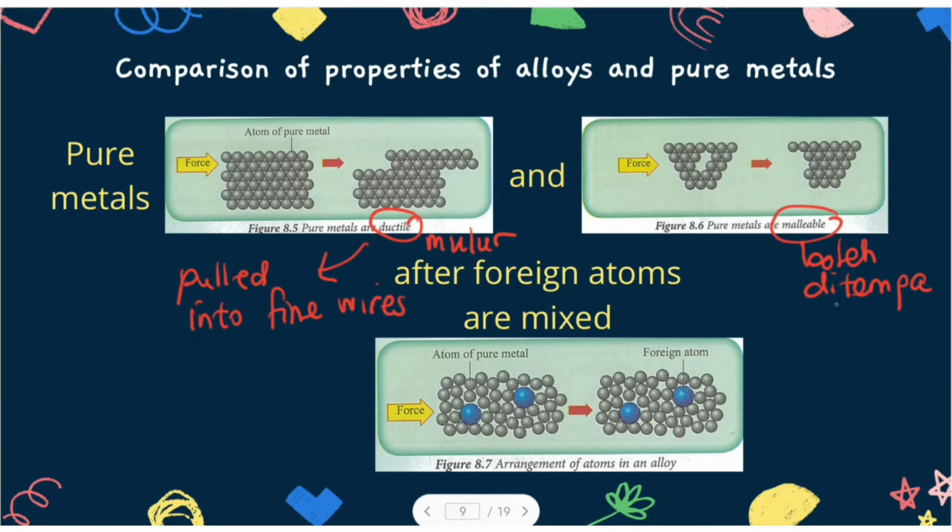And pure metals are malleable, so we can make the pure metal into a new shape, form a new structure.